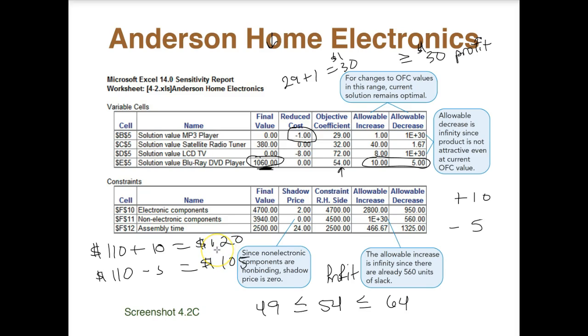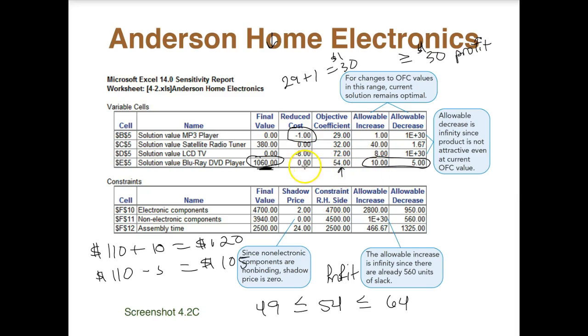But of course, we're losing money at this point, right? So if we look at it in this way, then we see that the allowable decrease is $5. We're only going to go down from where we currently are to get to 106, so that's going to be $4.